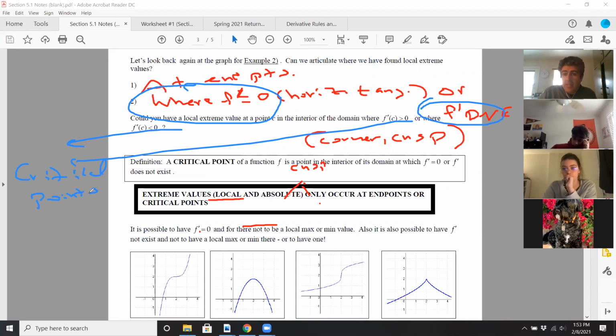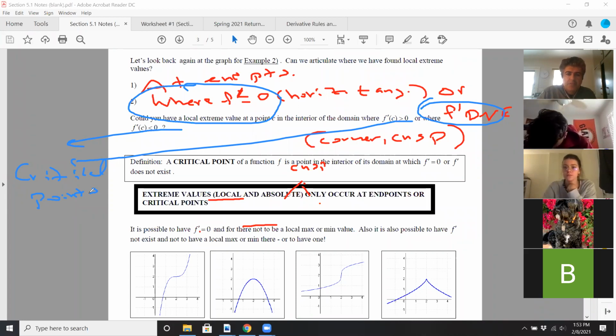And we're going to find those analytically a little bit later. Also keep in mind, I know it's a little bit hidden here, but could you have a local extreme value at a point c in the interior of the domain where f prime of c is positive or f prime of c is negative? The answer is no.